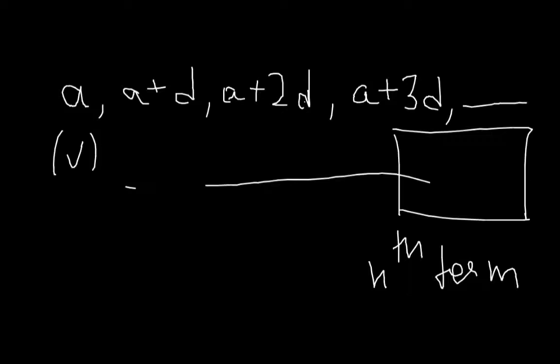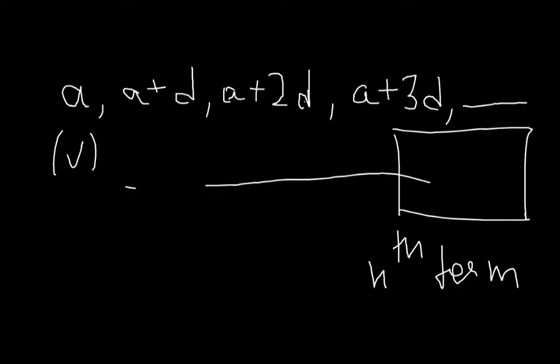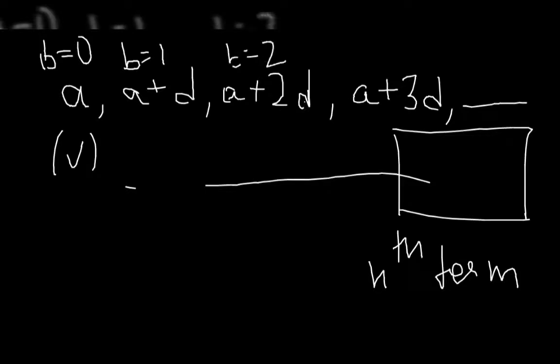This expression can be written in the form of a plus b times d. At the first position, what is the value of b? 0. Here b equals 0. In the next term b equals 1, then b equals 2, and b equals 3.